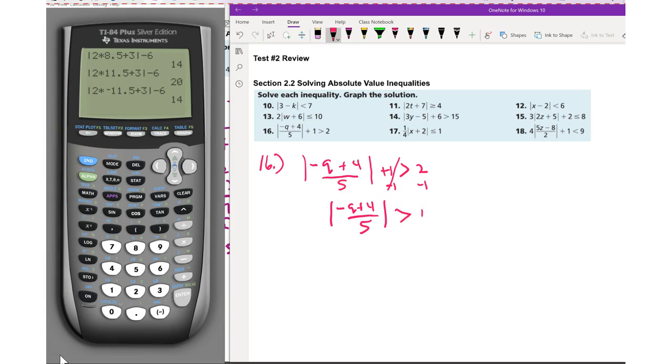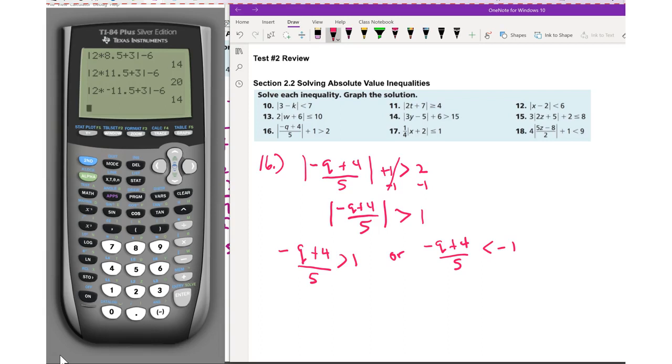So you have greater than 1. Now you're able to remove the absolute value sign. So you have negative q plus 4 divided by 5 greater than 1, or negative q plus 4 divided by 5 less than negative 1.